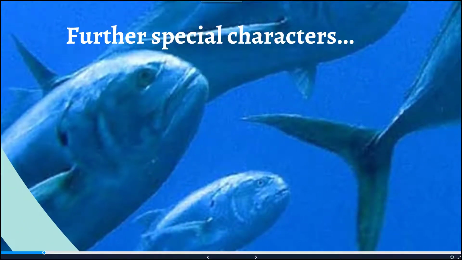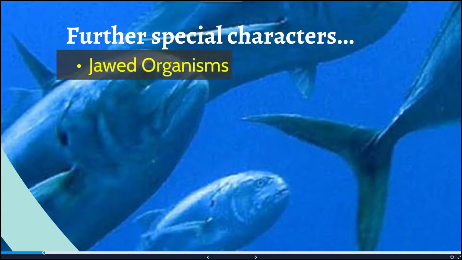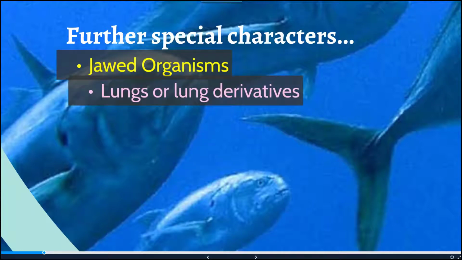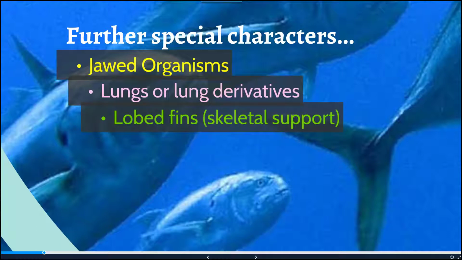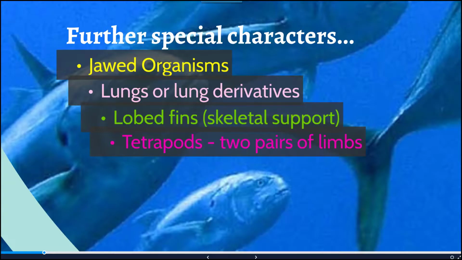There are a few other special characters that chordates tend to have. One is the arrival of jawed organisms, so organisms with a jaw. As we increase in the complexity of chordates, we find lungs or a lung derivative. There are also lobed fins that develop somewhere in the mix, which we'll review, which provided skeletal support for chordates.